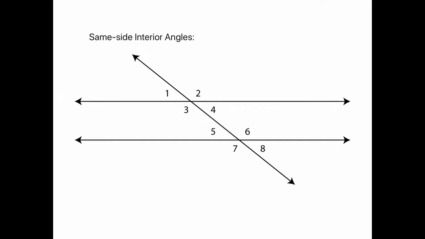Now we need to talk about same side interior angles. So interior, again, between our two parallel lines, so 3, 4, 5, and 6, and same side, so 4 and 6, and 3 and 5. Those would be same side because they're on the same side of the transversal here.